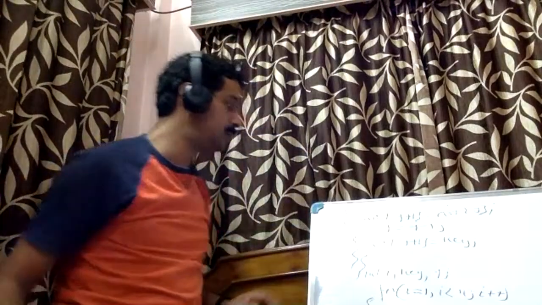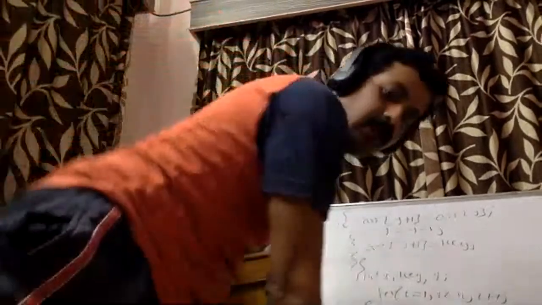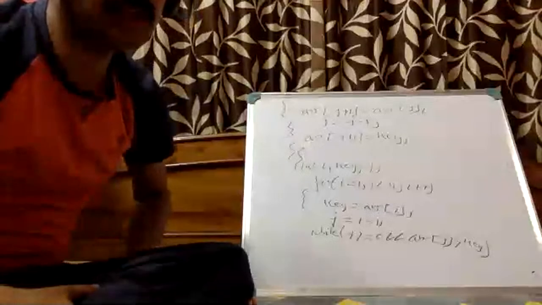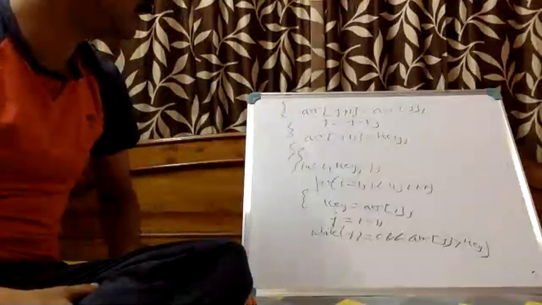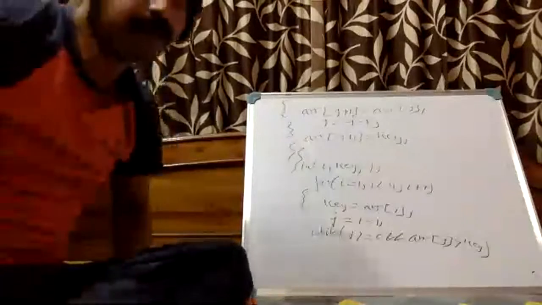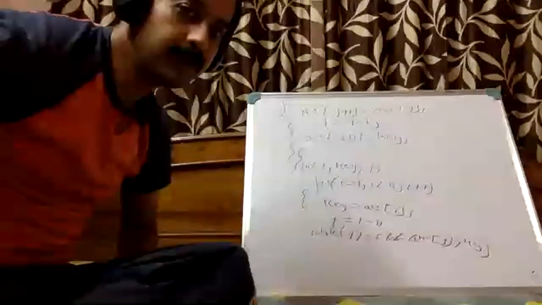I'm trying to remove the reflection from the board. I think the reflection is gone, na? What you are seeing, it's in mirror, na? Okay, no problem. I will give the entire program code in our Moodle.